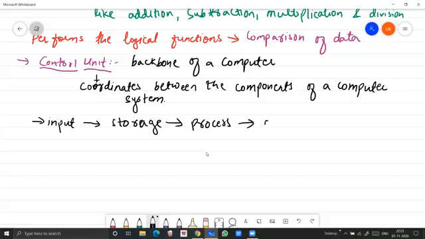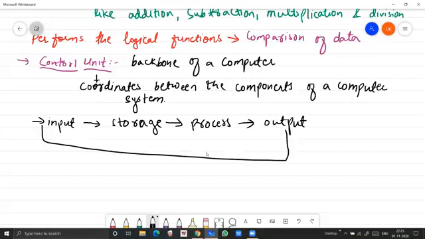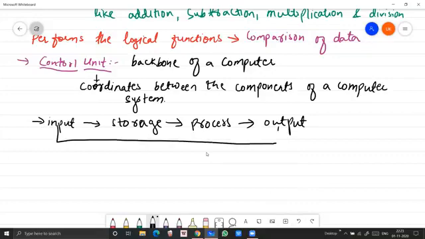Then the output is released, and all of this happens with the help of the control unit, because it controls. The control unit does all the coordination between the components of a system. It takes the input from the user, stores it, then processes it, and then the output is sent to the user as per the requirement.